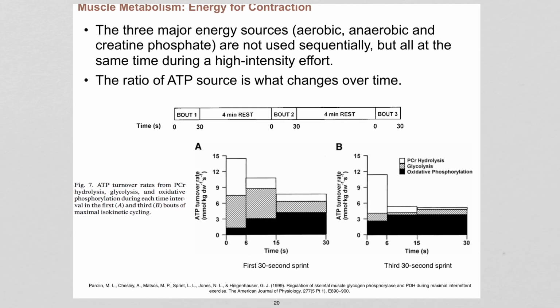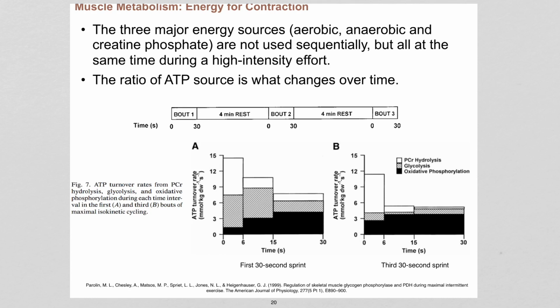Okay, so to pull it all together, this is a graph from a data set in a paper where they asked volunteers, which I hope got paid a lot of money, to sprint really intensely on a bike.